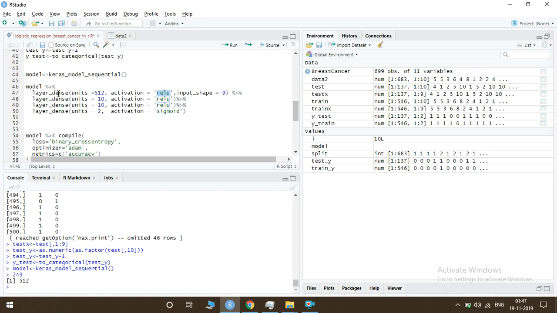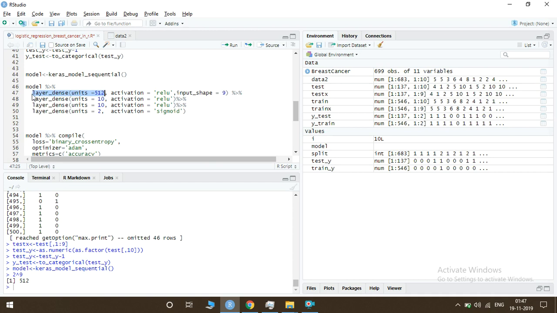First is the input layer. Over here the input shape is 9, the activation is the ReLU function, and the number of neurons we are using for the input layer is 512.